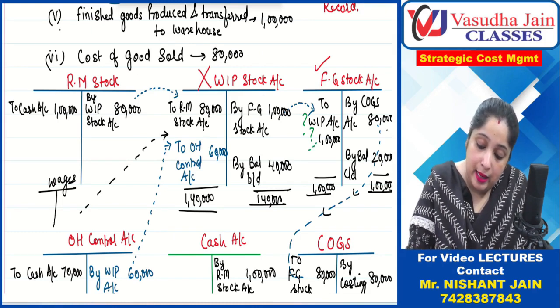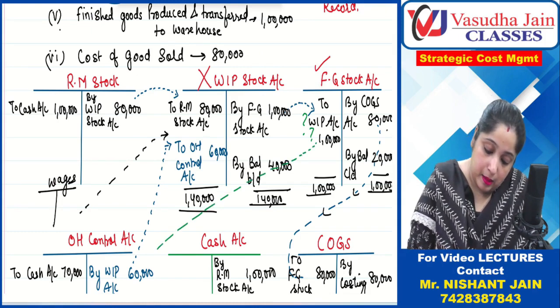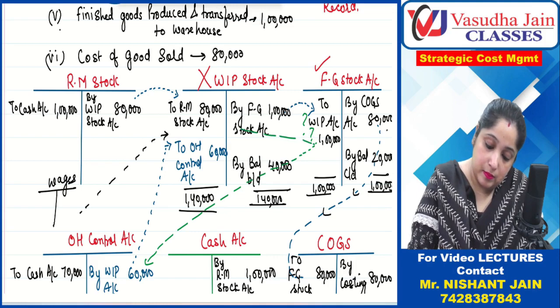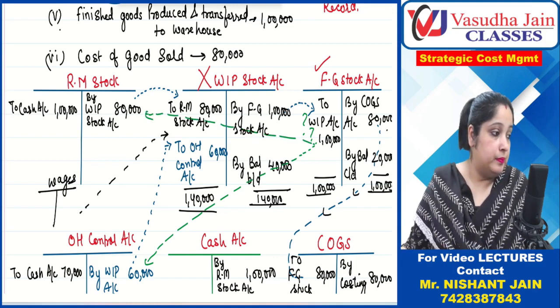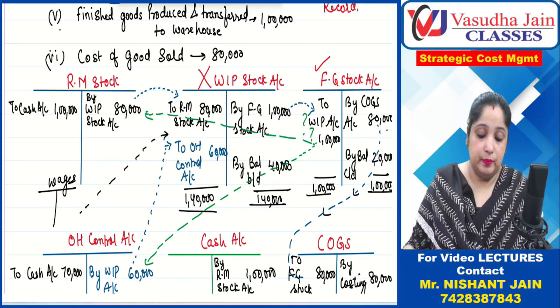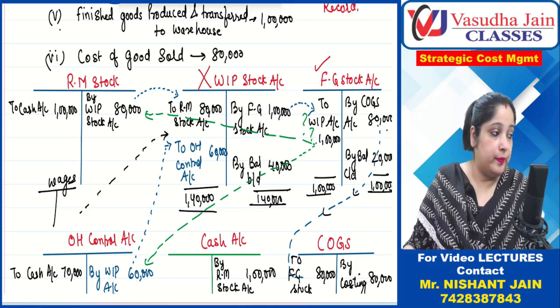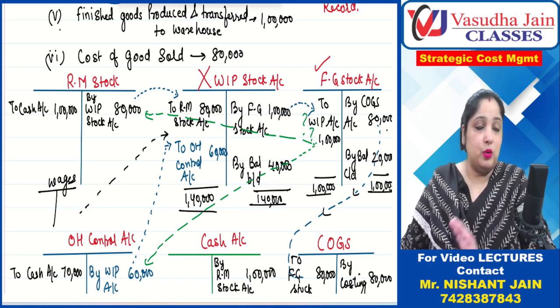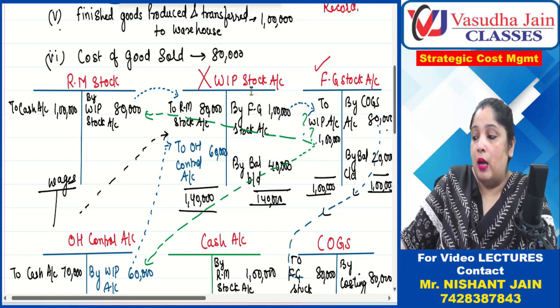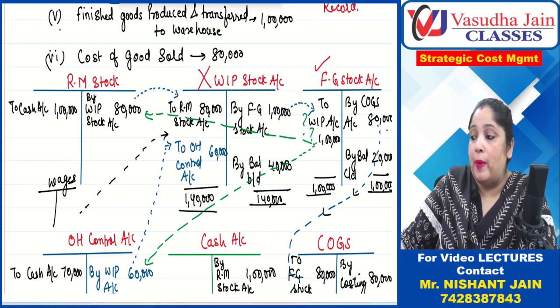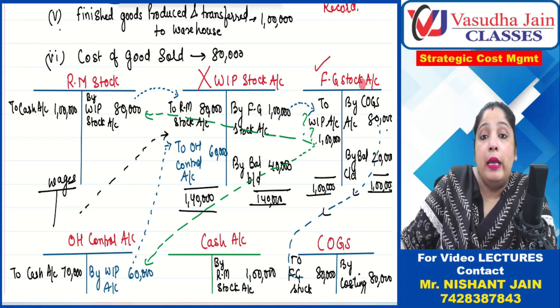Instead of writing 1 lakh, yes, I will remove these lines, don't worry. Okay, first let's understand that instead of transferring raw material to work in progress, we are going to move backwards.